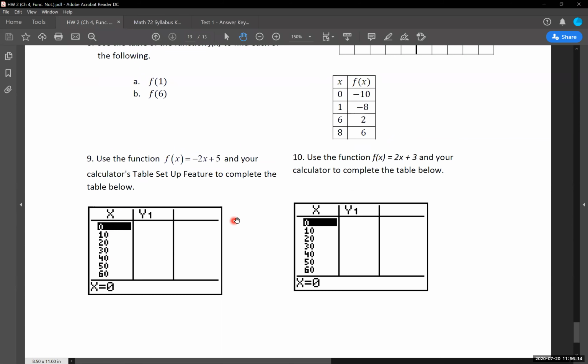Depending on the form of calculator that you have, you can go through and set this up for yourselves. I will not be asking you to go through and set up and organize your tables for these larger numbers and larger steps. Depending on the model of calculator you have, there are about 3 or 4 different ways it could ask you to do this.